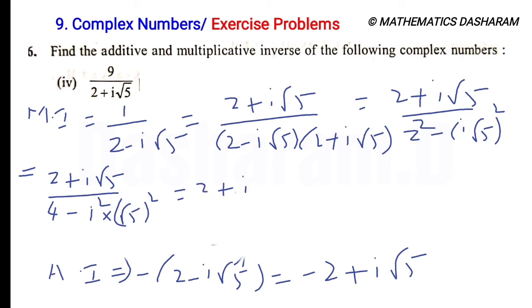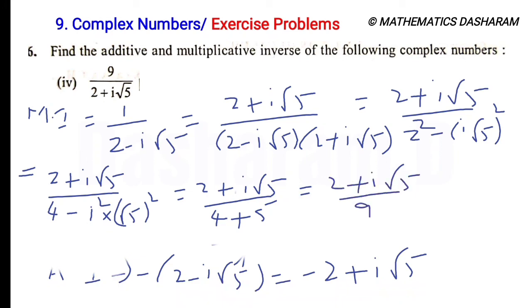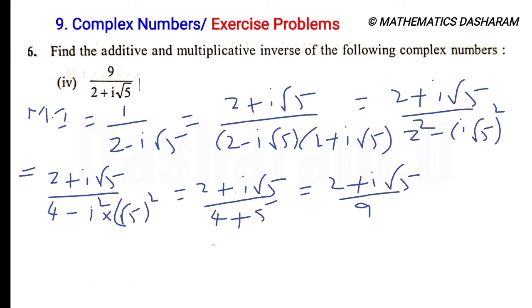So (2 plus √5 i) divided by 4 plus 5, that is 9. So then split into two fractions here: 2 by 9 plus √5 by 9 into i. So it is the multiplicative inverse.